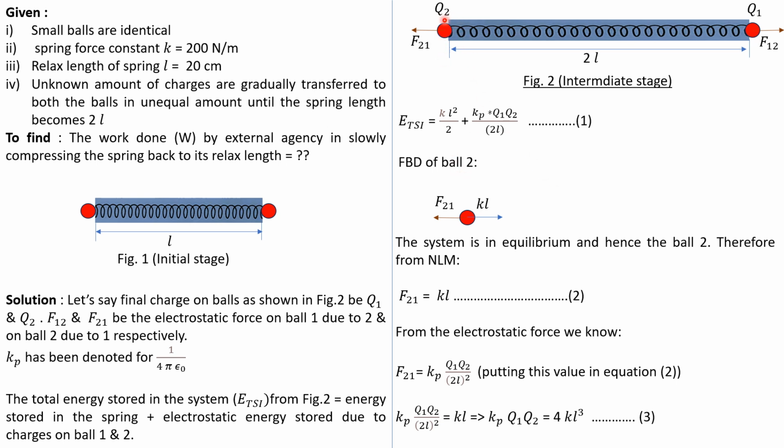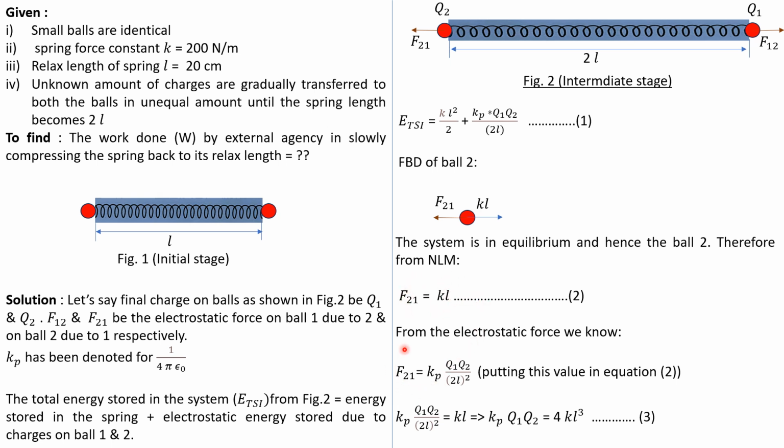We make the free body diagram of ball 2. This is the electrostatic force acting on 2 due to 1, and KL is the spring force that will act on this ball in this direction. Since this ball is in equilibrium, from Newton's law of motion this force will be equal to this force, meaning F21 is equal to KL.